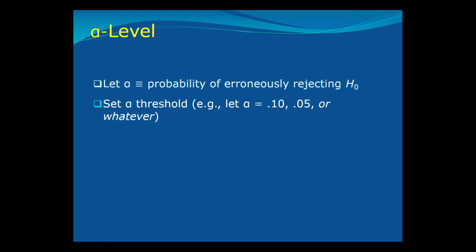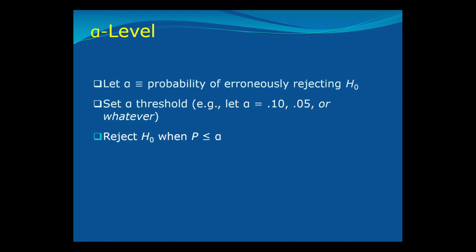Alpha level. Let alpha be the probability of erroneously rejecting H0. Set a threshold. There are three common thresholds for alpha: 0.1, 0.05, and 0.001.